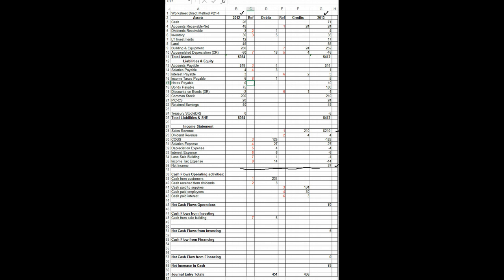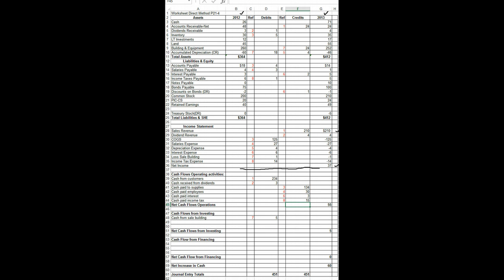So if income taxes is 14, and I paid another 1 besides that, cash paid for income taxes must be 15. Cash paid for income tax 15. So I'll come over here and show that as an outflow on item 8. Still in balance 451, and I'm done.